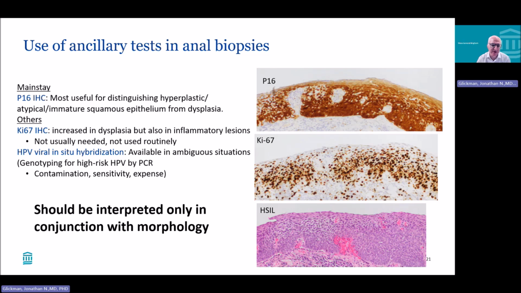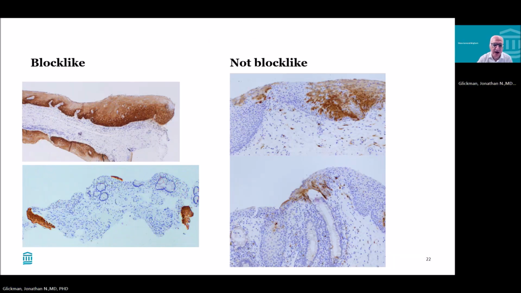And I think it's also important to remember that all of these ancillary tests need to be interpreted only in conjunction with the morphology. So here's an example of what is and is not block-like staining. On the left, we see two examples where we have confluent strong staining in the nuclei and cytoplasm. And this involves the basal layer.